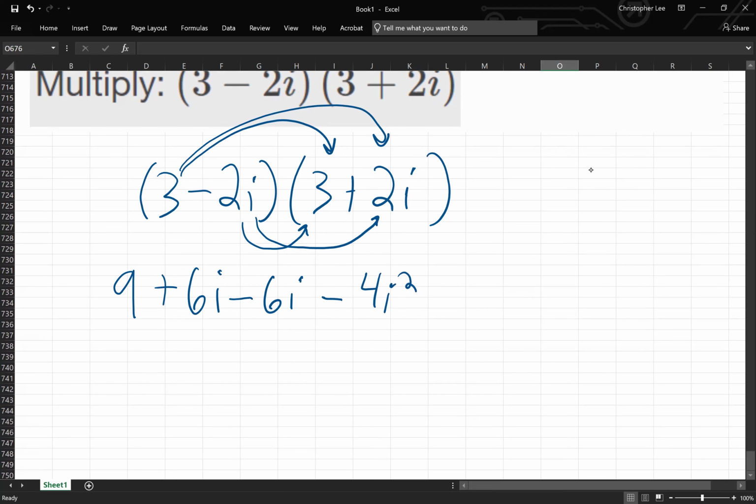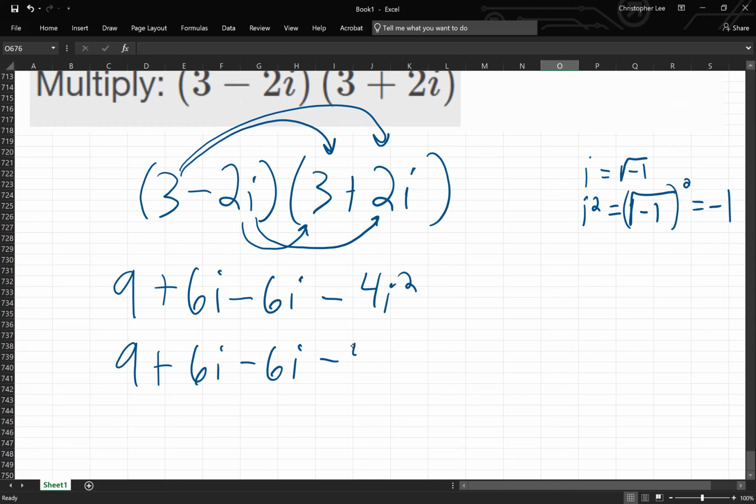We already spoke about i squared. i is equal to the square root of negative 1, so i squared must be equal to negative 1. So this becomes 9 plus 6i minus 6i minus 4 times negative 1, which becomes 9 plus 6i minus 6i, make that positive 4.